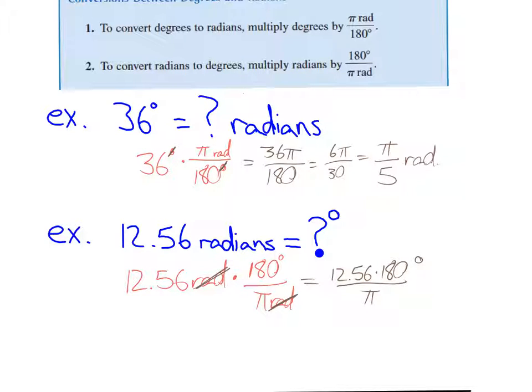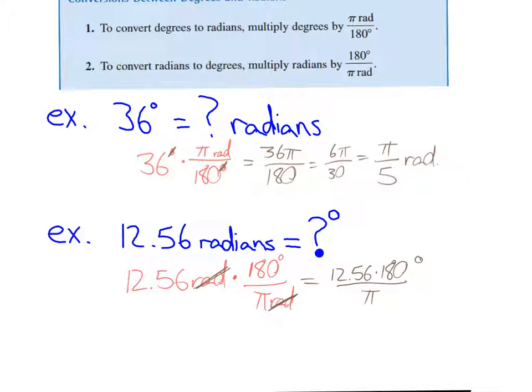So if we use our calculators here, we have 12.56 times 180 divided by, and you need to find the pi button on your calculators so you have exact. It's actually above the exponent button. If you hit second and then that little caret symbol, on the calculator on your TI-83 and 84, okay, you'll see the pi button there.